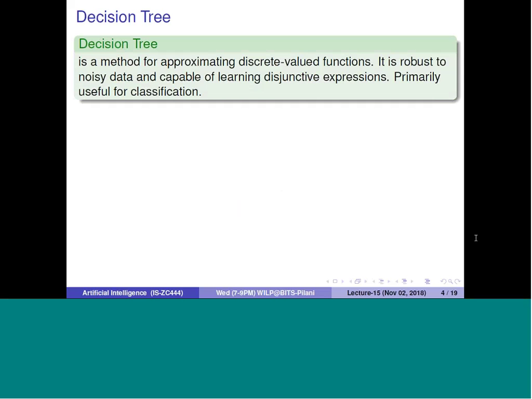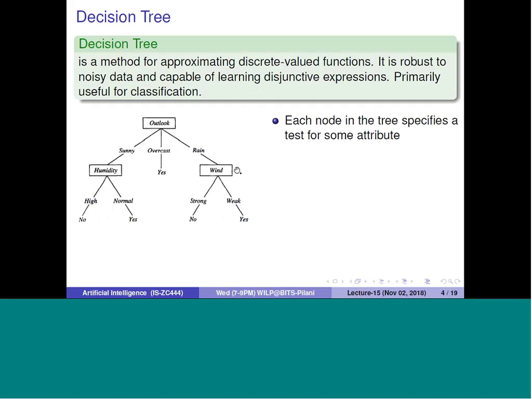Okay, so we would go to another algorithm now. This algorithm is called the decision tree algorithm. It looks like a tree, and you check what the outlook is. If the outlook is sunny, then you go to this branch. Let's assume that outlook can take only 3 values: sunny, overcast, and rain.